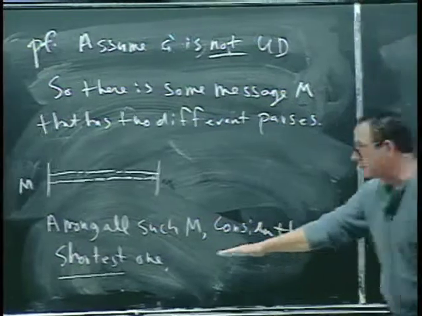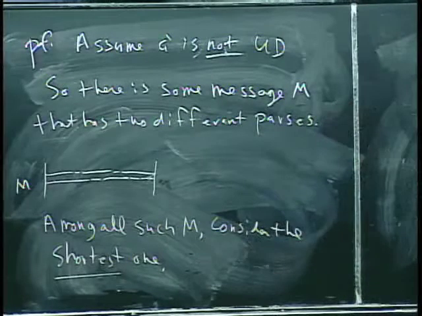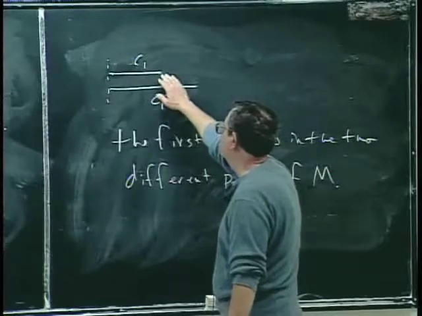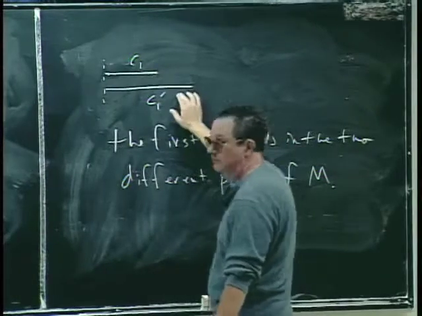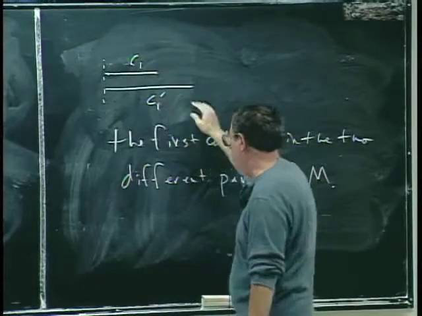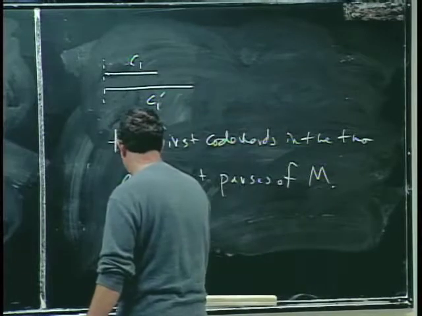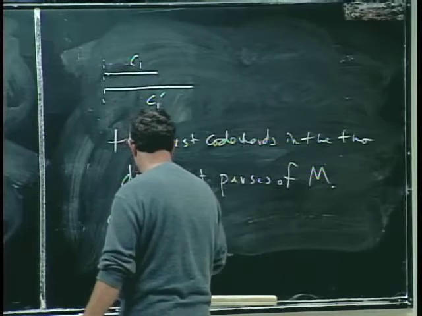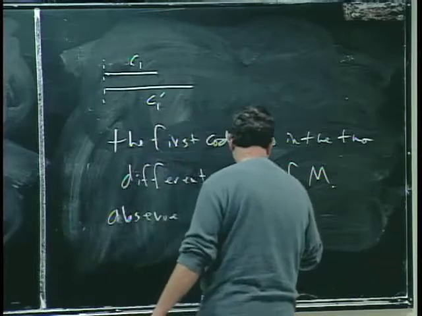We're looking at the shortest of such examples. We call C1 the first code word of one of the parses and C1 prime the first code word of the other one. And our first observation: the length of C1 is not equal to the length of C1 prime.